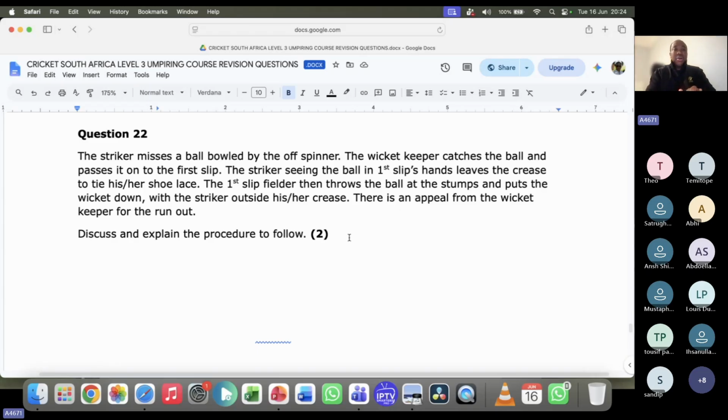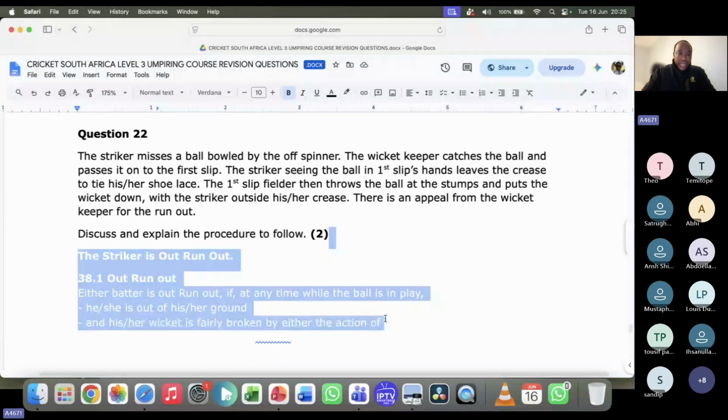of the wicketkeeper. To be honest with you, this question wasn't asking whether the ball is dead or not, but I would give you actually your 2 marks for that interpretation.